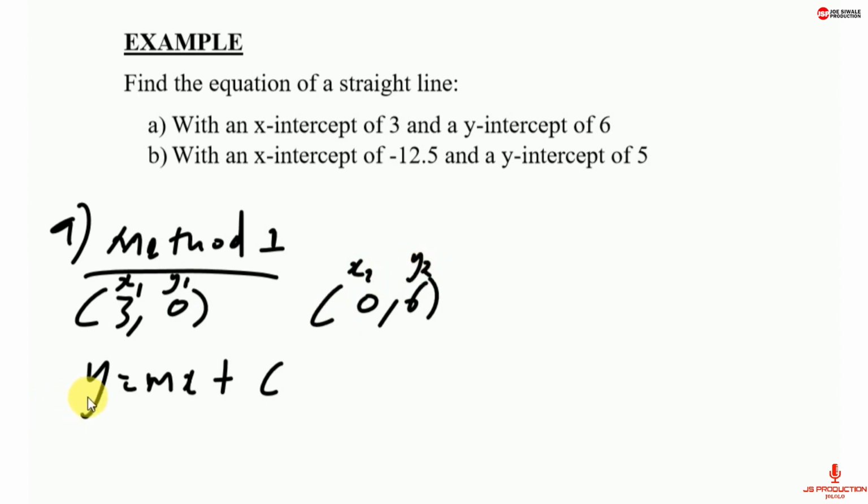So y there, I can say that's going to be 0. So 0 is equal to, we are trying to calculate the gradient, so we don't know our gradient. What about our x? We know our x, that's 3, plus we know our y-intercept, that's 6.